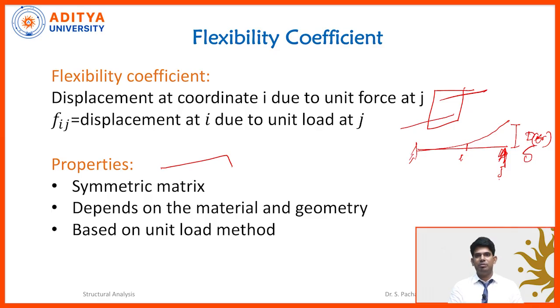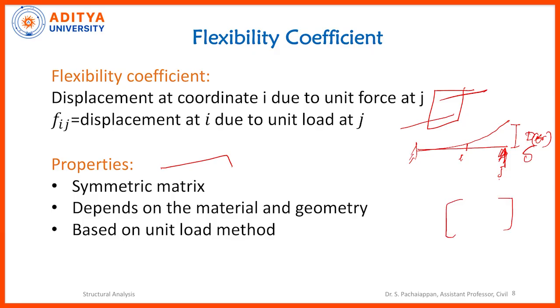First thing is, it's a symmetric matrix. What is a symmetric matrix? For example, we'll have values like this: K1, K2, K3, K4, K5, K6, K7, K8 and K9.